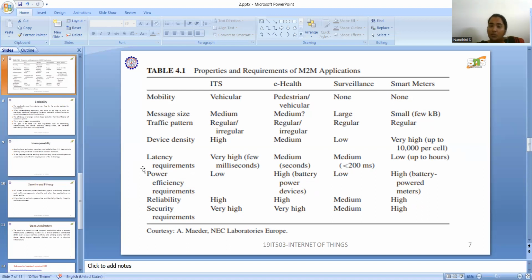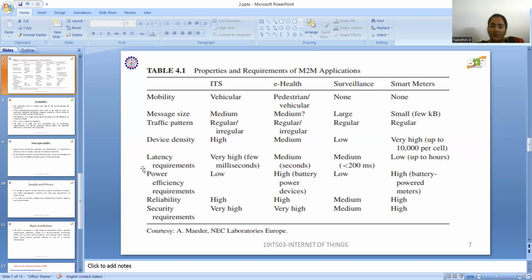The mobility is used in vehicular ITS. In e-health, we are using it for pedestrian vehicles, and in surveillance and smart meters, we are not using it. Then message size and traffic pattern: we are using a medium, regular or irregular manner, same as in e-health.